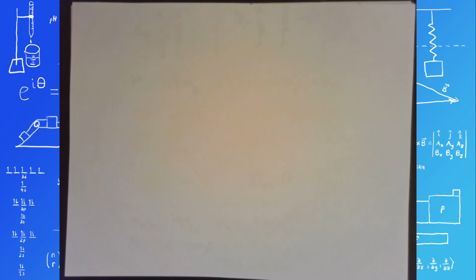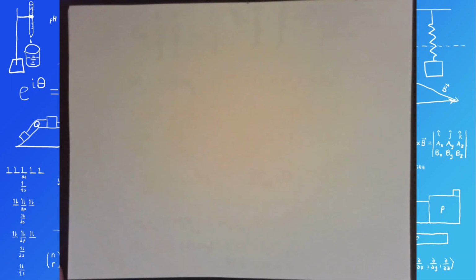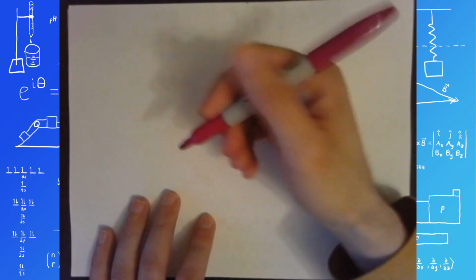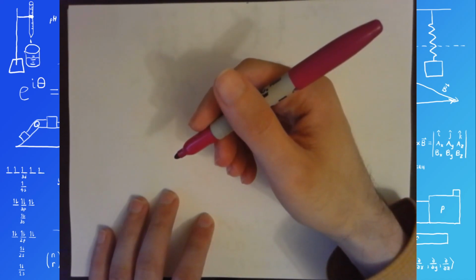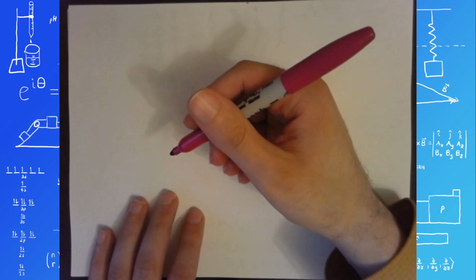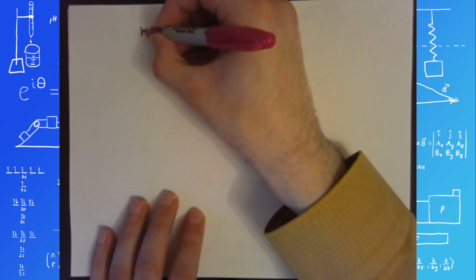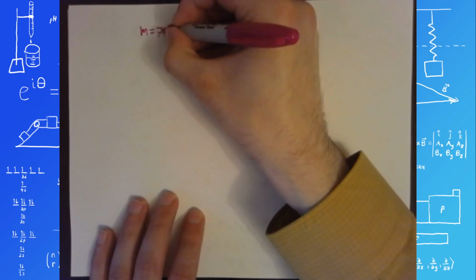Okay, so this one is less about applying conservation of momentum and more about just figuring out how much force was involved in the collision. How much force was in this impact? So we've got mass is 75 kilograms for each skater.